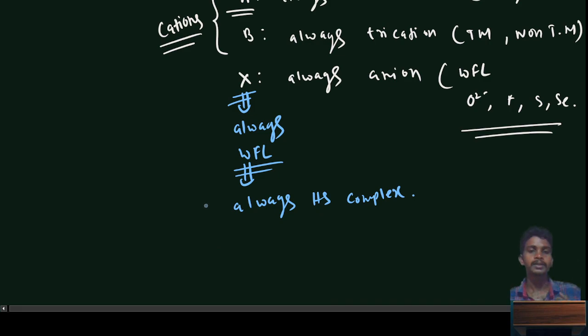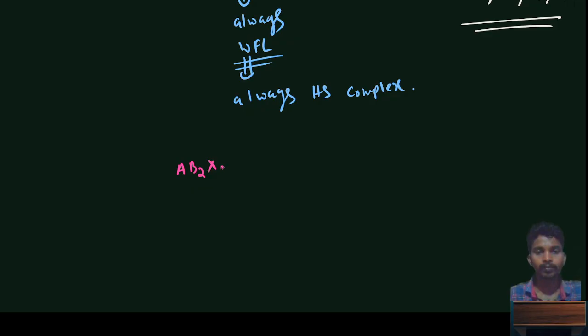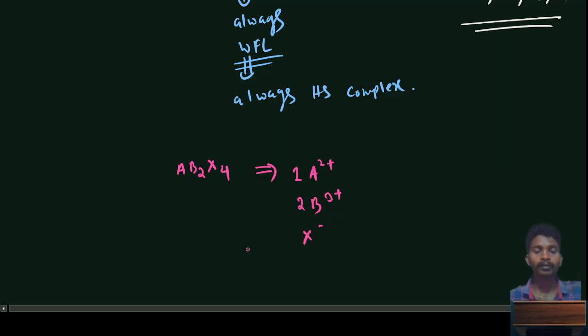Now the formula is AB2X4. Here A is always a divalent cation, A2 plus, and B is a trivalent cation, B3 plus, and X is an anion.